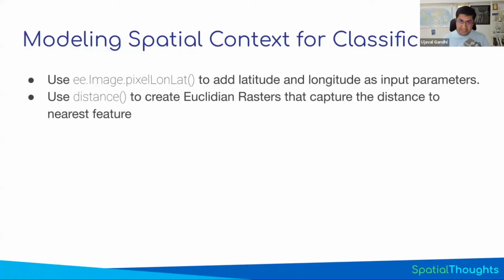If 1 pixel is labeled urban, 1 pixel is not urban, and they have similar reflectances, but 1 pixel is closer to a road, 1 pixel is really far from a road, the classifier will learn that the pixels that are really far from the road are less likely to be urban. Similarly, if you're trying to predict housing prices, distance to beach, for example, distance to school, those are important parameters. And Earth Engine has this function called distance that allows you to capture that information as bands.